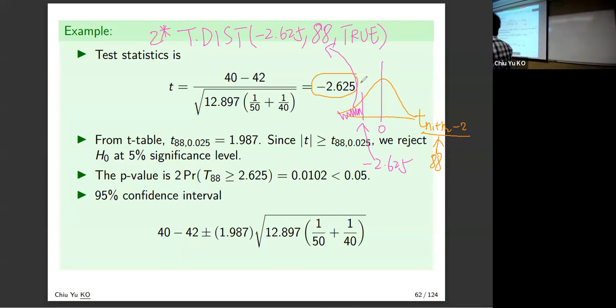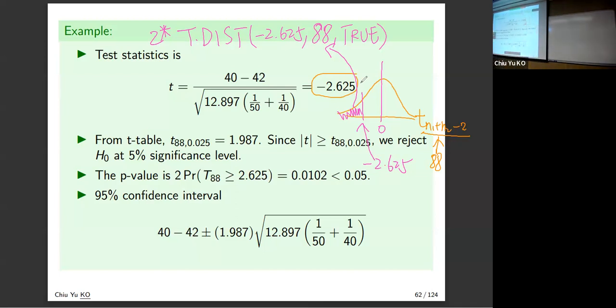We compare this to alpha, then decide whether to reject or not. It turns out that this is 1%. Same thing. Or if you want to calculate the critical value, it is the same thing. I'm not going to repeat that part, but that should not be an issue.